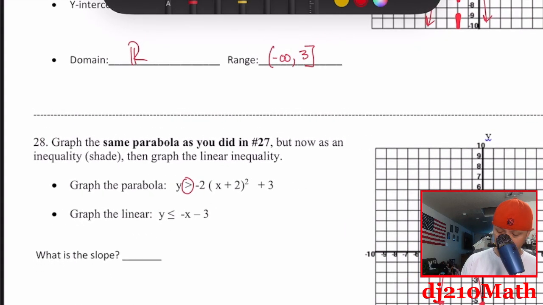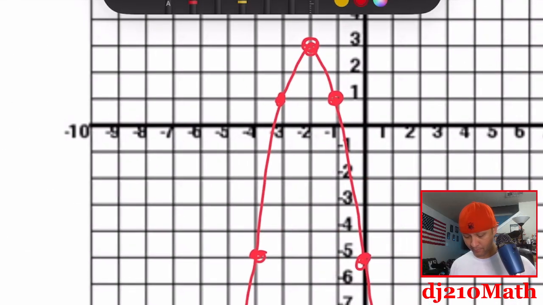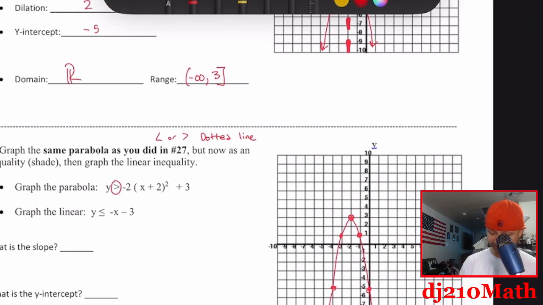Okay, so here's something to remember. When it's strictly less than or greater than, it's a dotted line. So what does that mean? That means right now, I drew a solid line.